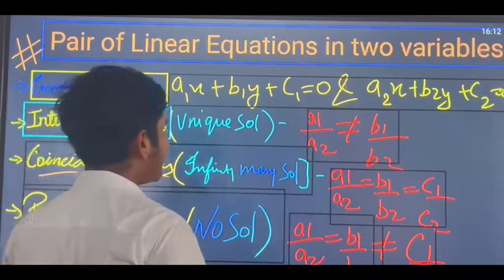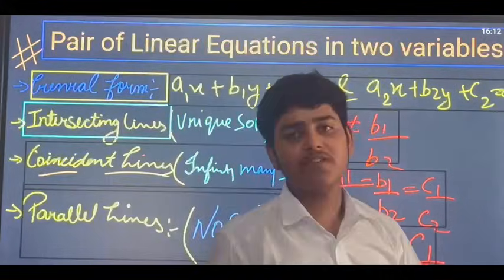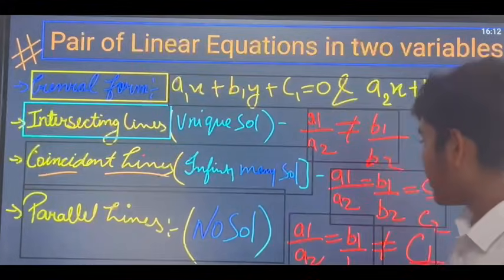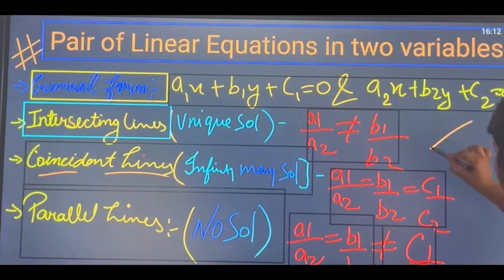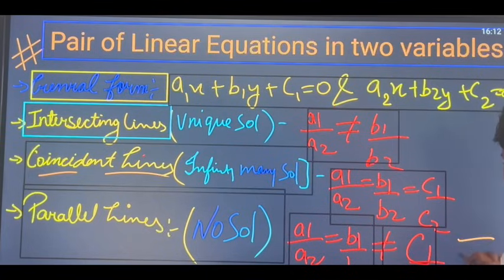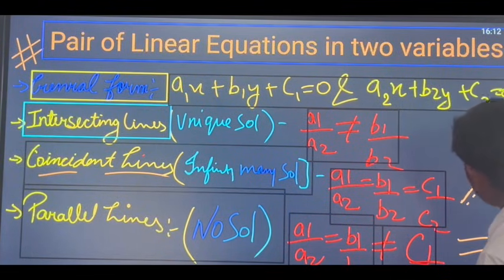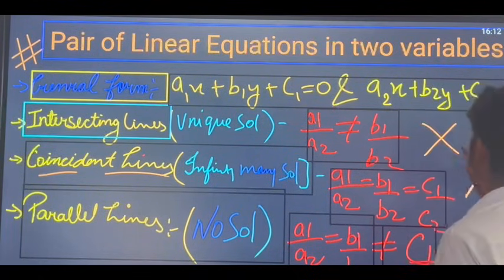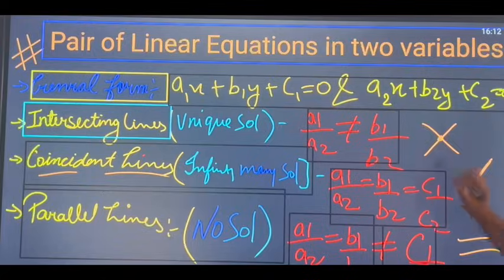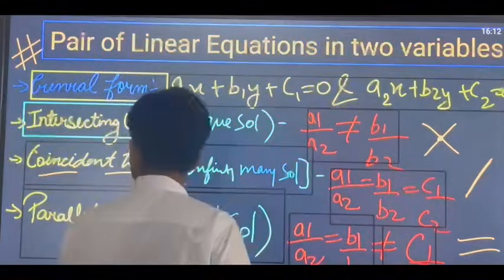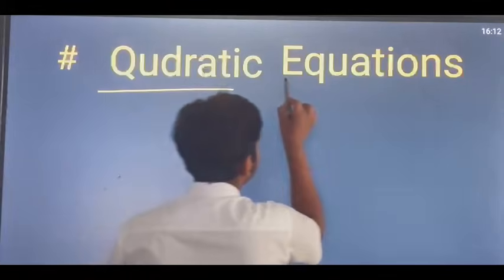Coincident line: infinitely many solutions, a1 upon a2 equals b1 upon b2 equals c1 upon c2. Parallel lines: no solution. In an intersecting line there is one point. Okay, next is quadratic equation.